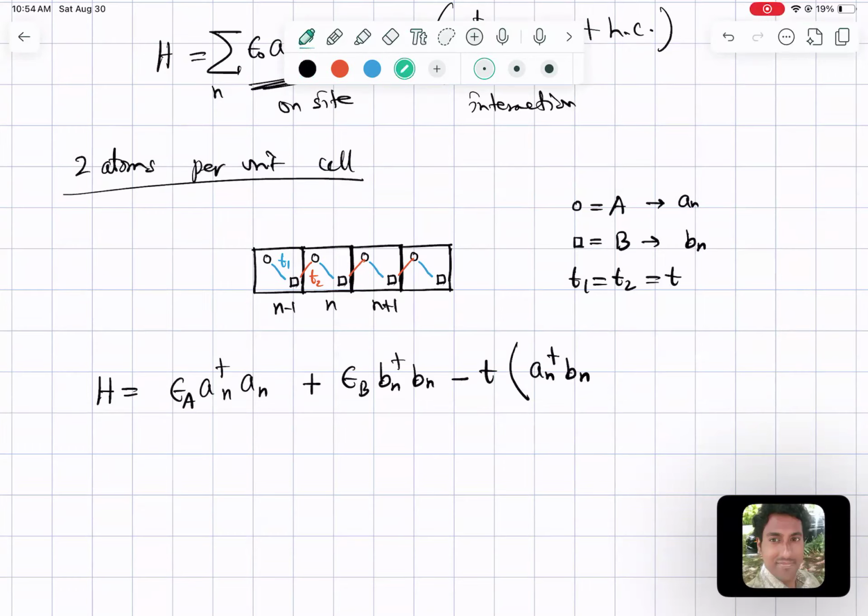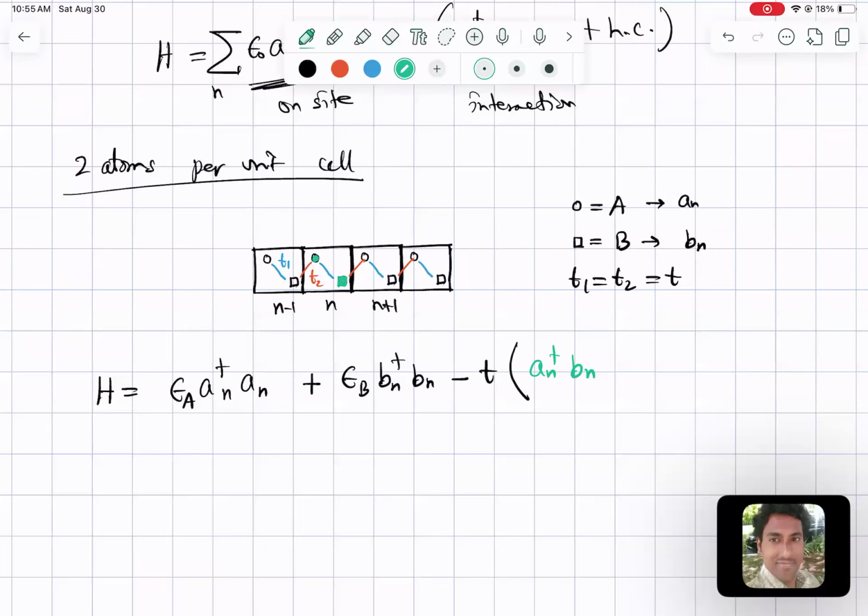It defines the interaction between this one, A and B_n, and this one, in the same cell. Does it make sense? Maybe I can write it in green color. A_n dagger B_n, these two.